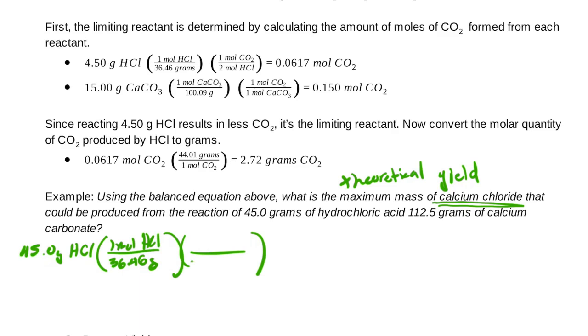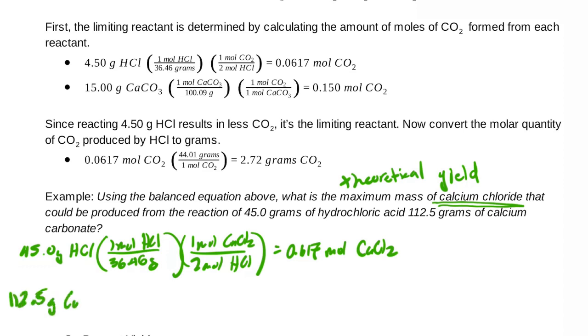And in the balanced equation, it is told to us that for every 2 moles hydrochloric acid, we get out 1 mole of calcium chloride. I'm going to do out the math now. And I get 0.617 moles of CaCl2 that could be produced from the 45 grams of hydrochloric acid.